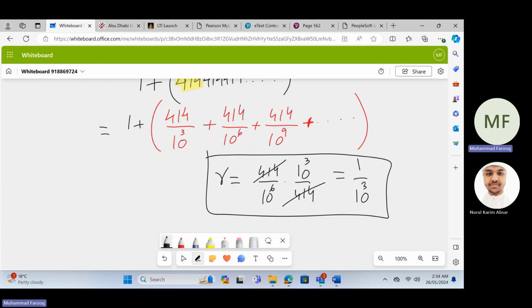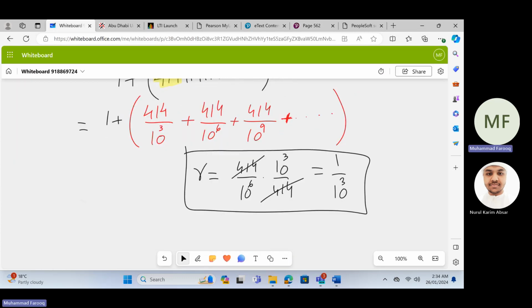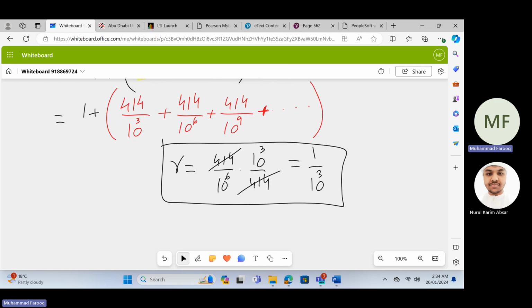Now please find the sum of this geometric series, because it's confirmed. This is 1 plus, as it is. What's the sum formula? We learned a sub 1, the first term, divided by 1 minus r.